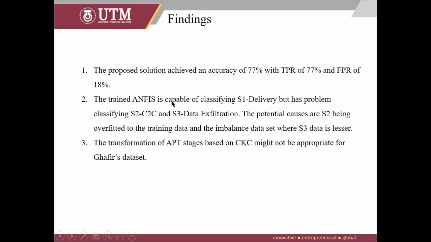The trained ANFIS is capable of classifying S1, the delivery stage, very well, as we can see earlier, but we have problems classifying S2 and S3. The potential causes are that S2 is overfitted to the training data, and also the imbalanced data set where S3 is smaller compared to S1 and S2. And lastly, the transformation of APT stages based on CKC might not be appropriate for Garfield's data set.